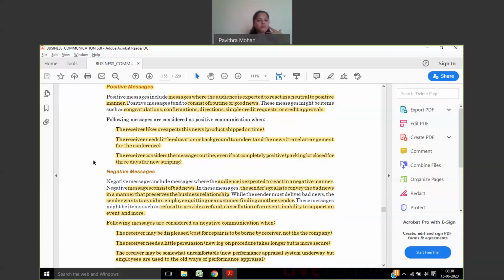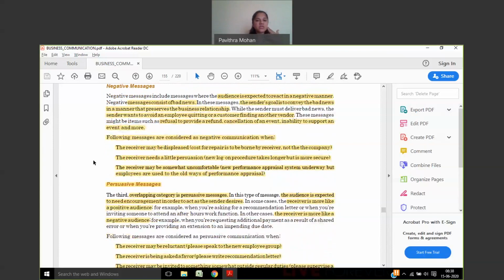Then you have negative messages. What happens here? The audience is expected to react in a negative manner. That is, they are not happy, they are angry, they are unsatisfied. These messages consist of bad news and dissatisfaction. The sender's goal is to convey the bad news in a manner that preserves the business relationship.